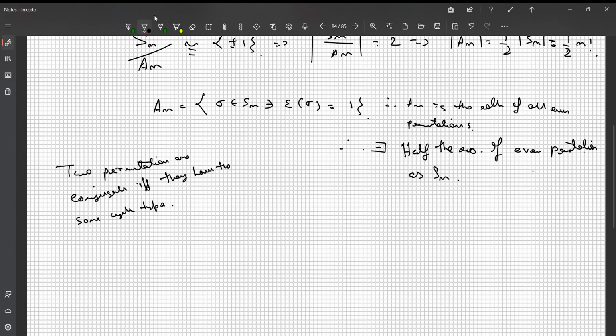So if you consider any element from An, every element of An will have the same cycle type, right? Because they are all even permutations. And we have already known that if you have an odd number of odd length cycles, then that's an even permutation. So if you consider an element from An, then you will obviously get another element of An of the same cycle type. Same cycle type in the sense you can think of it as the same length.